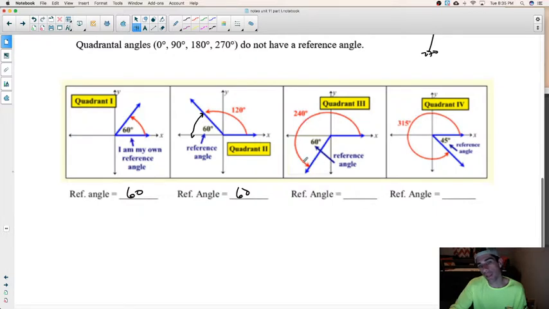If I drew an angle of 240 degrees, then the reference angle is going to be drawn here. There's your x-axis. That's 60 degrees. And then here's an angle of 315 degrees. That is going to be the reference angle, and it's going to be 45 degrees. All right, so there's a little review for you on using the reference angle.